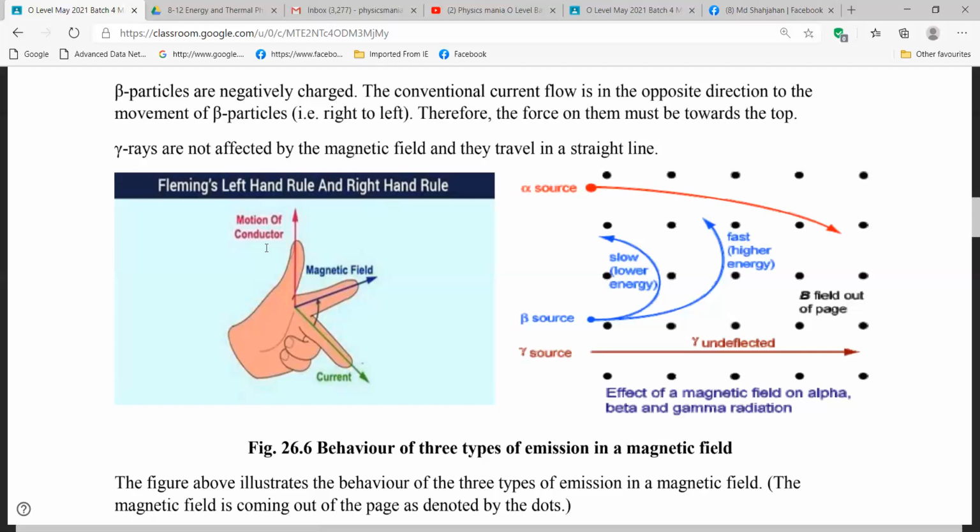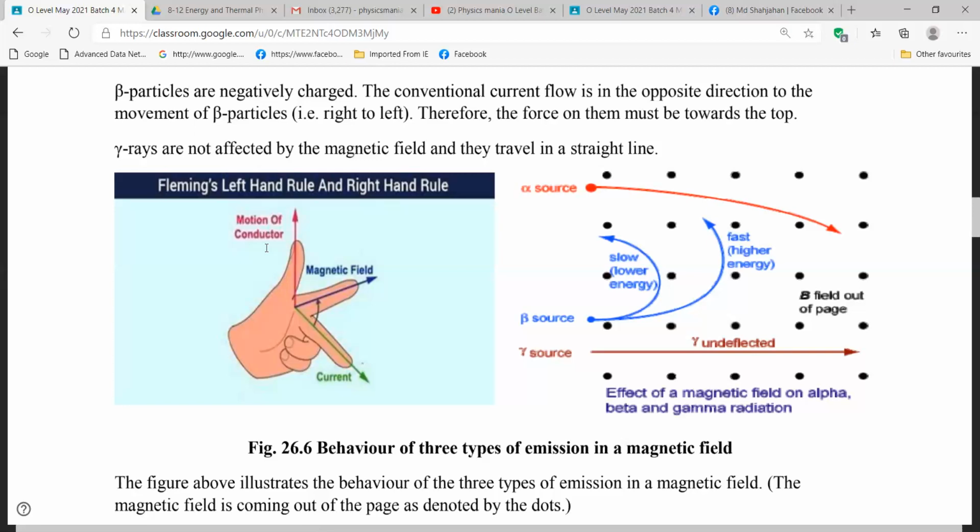And make sure that you are maintaining the angles between thumb, first finger, and second finger. Sir, can I do it like thumb downwards? Yes, you can do, no problem. Thumb downwards, you do, no problem. But magnetic field should be towards you. First, fix that one.